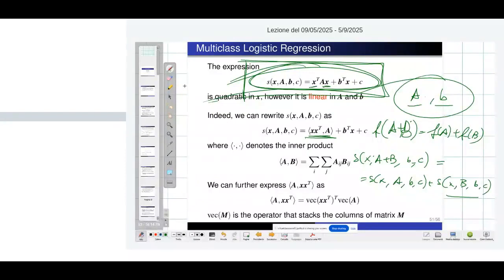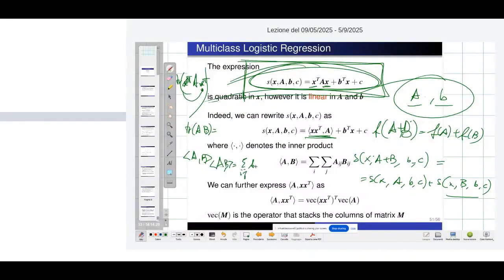Here I have X transpose AX, which corresponds to the trace of X transpose AX, interpreted as a 1 times 1 matrix. Trace is circular, so I can bring this X to the other side. Then I use the fact that the trace of AB can be expressed as the scalar product between matrices A and B. What is the scalar product between two matrices?